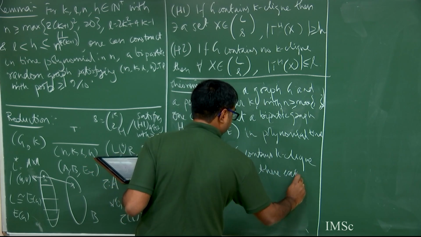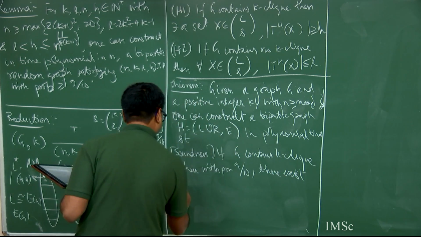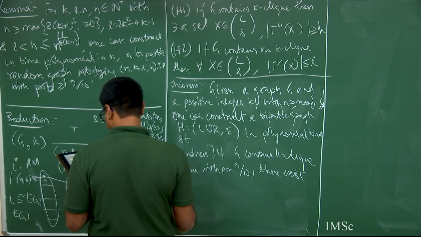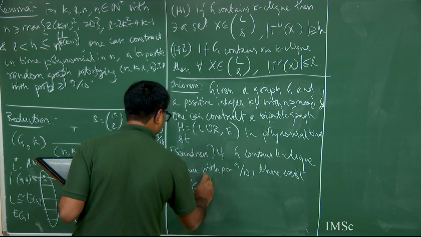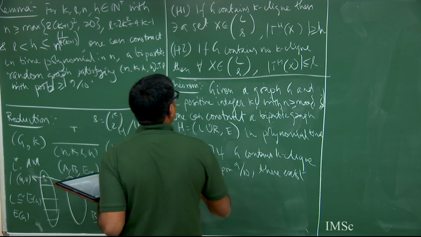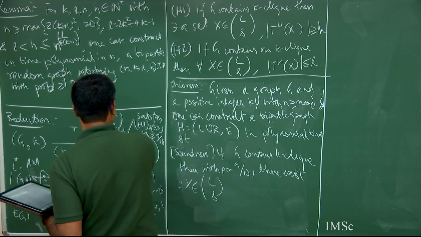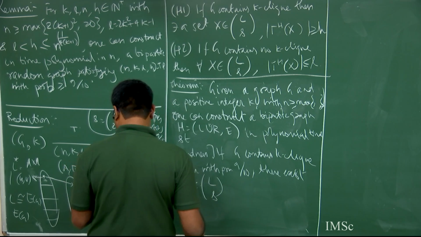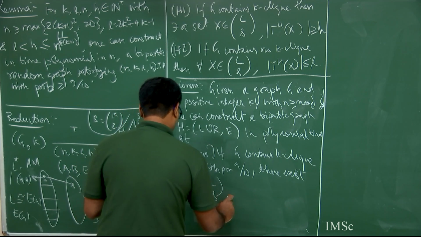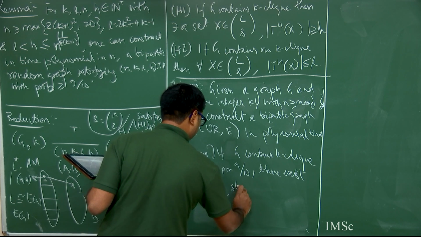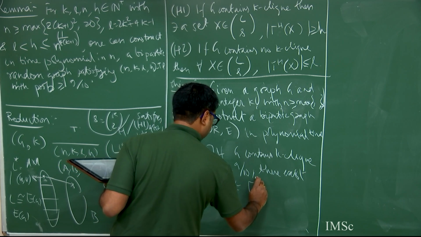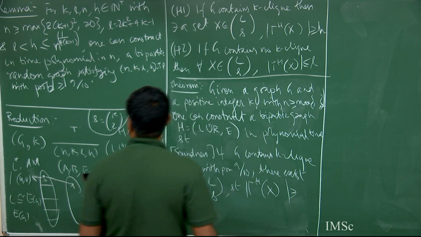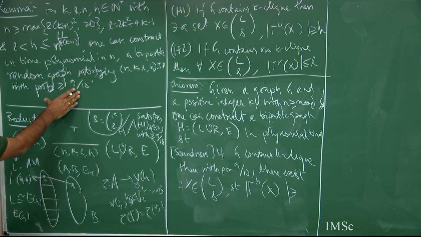there exists x in L choose S, and S will be as always k choose 2, the same S, such that if I look at this guy, how much is it? So I am going to apply this lemma with my construction.